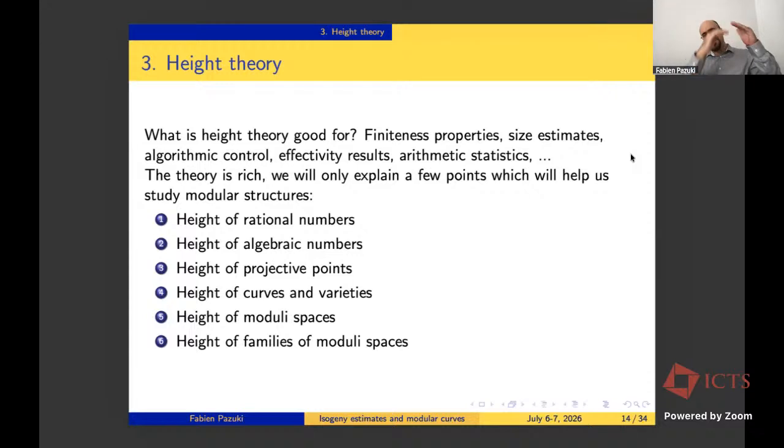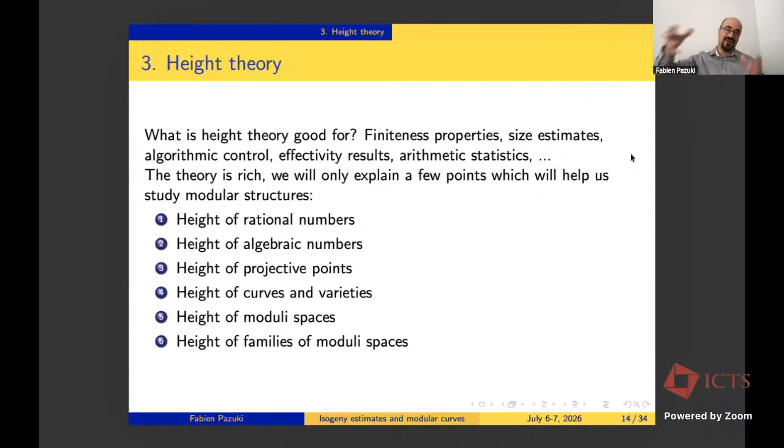So you see in these 6 points, you move up in abstraction in some way. You start with the basic stuff, really a quotient of 2 integers. Then you move up to algebraic numbers to do some algebraic number theory. Then you can do projective points on algebraic numbers. Then you can do curves and varieties. Then you can classify these objects.